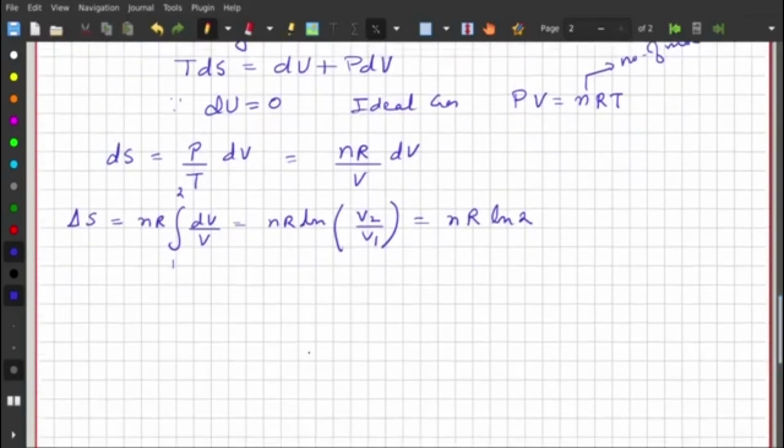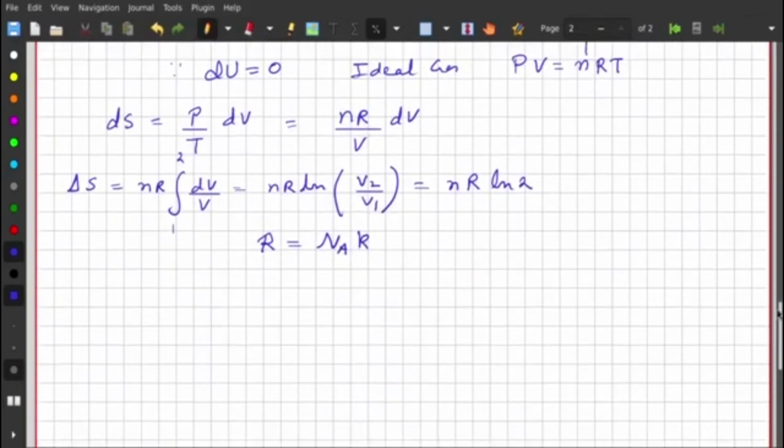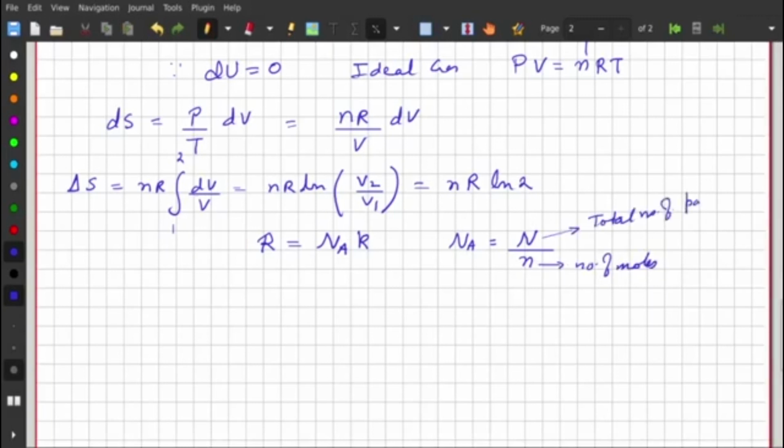And realizing the fact that the universal gas constant can be written in terms of the Avogadro's number N_A times the Boltzmann constant k, and the Avogadro's number is capital N divided by small n. Small n is the number of moles, capital N is the total number of particles, and N_A is the Avogadro's constant.